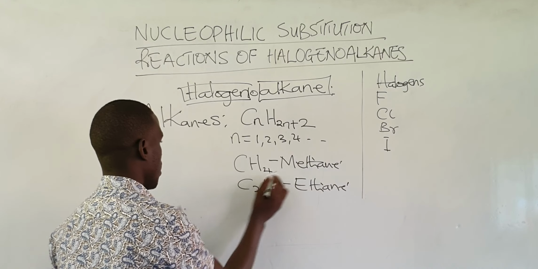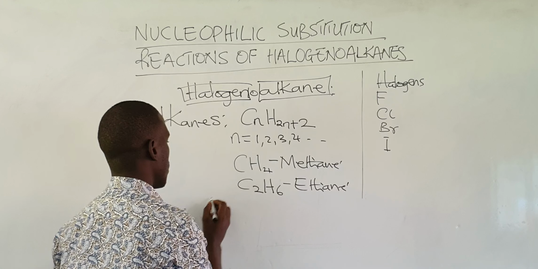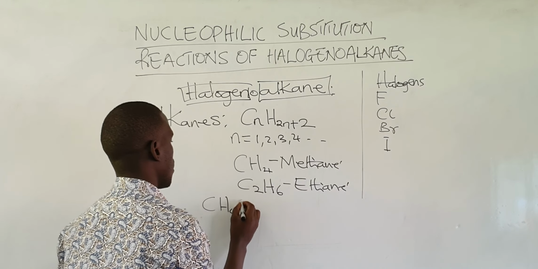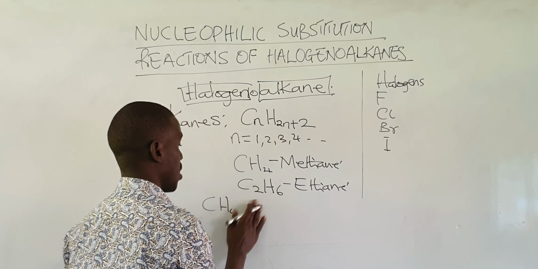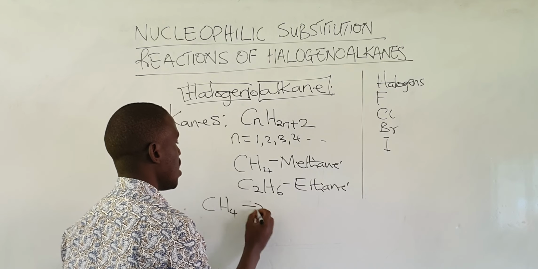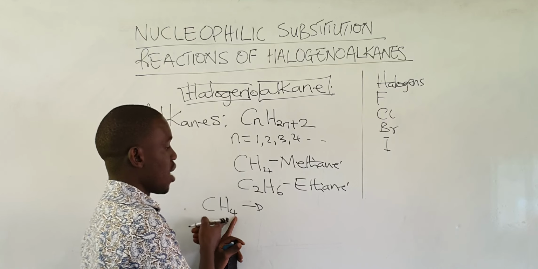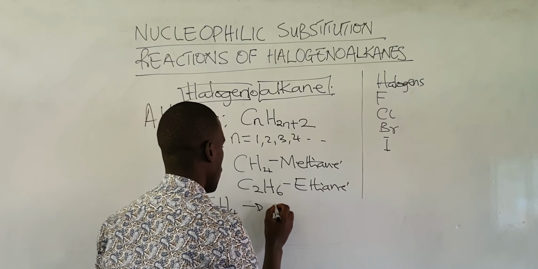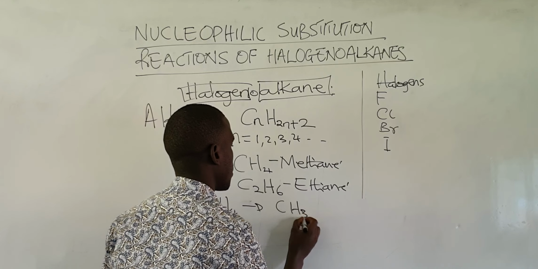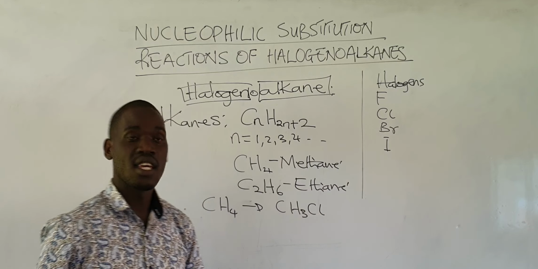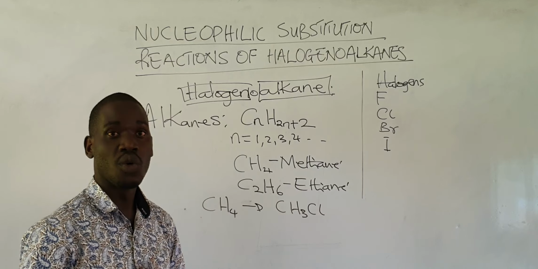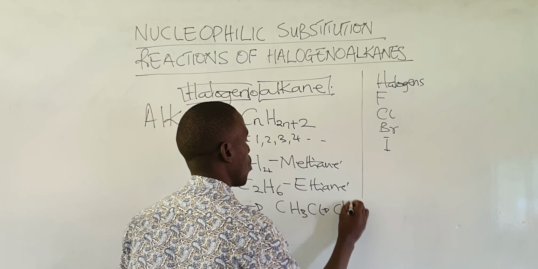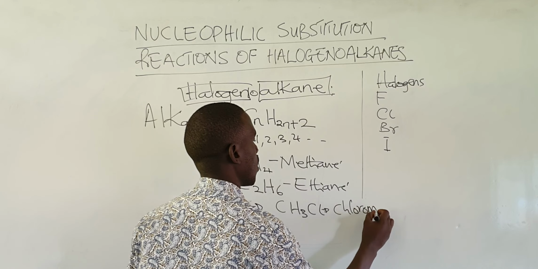Take for example methane, CH4. You remove one hydrogen and replace it with, for example, chlorine, and you will now have CH3Cl, which we name chloromethane.